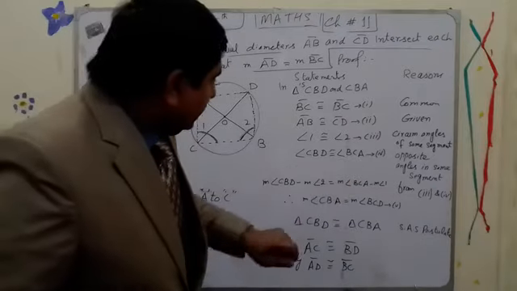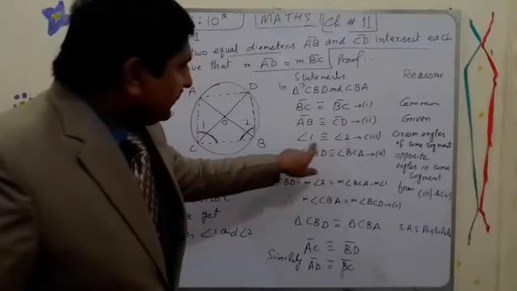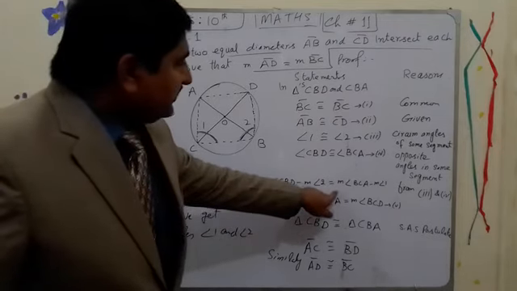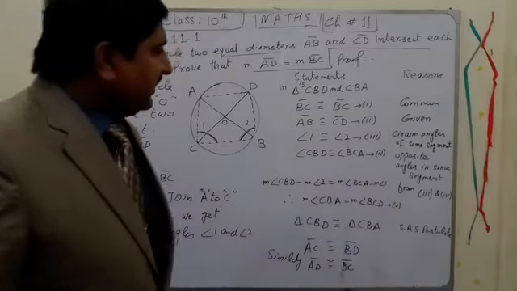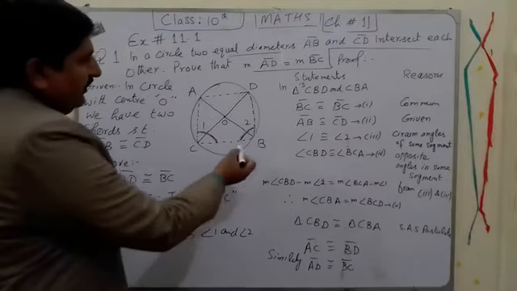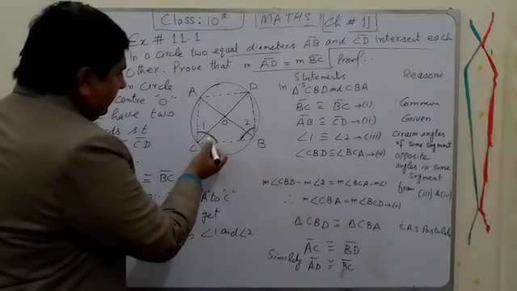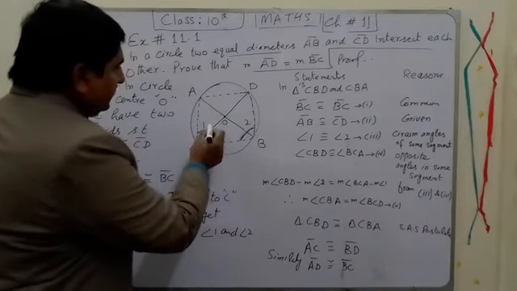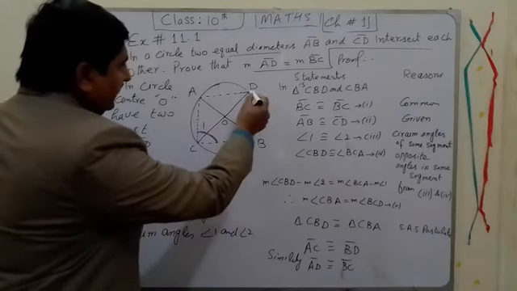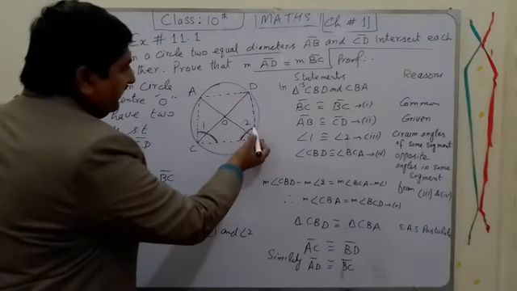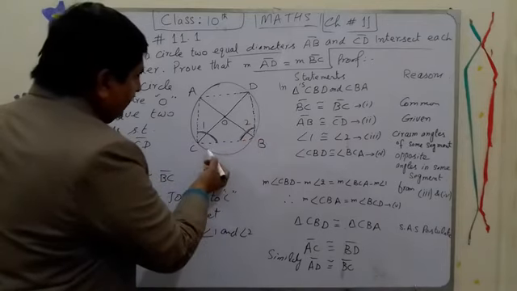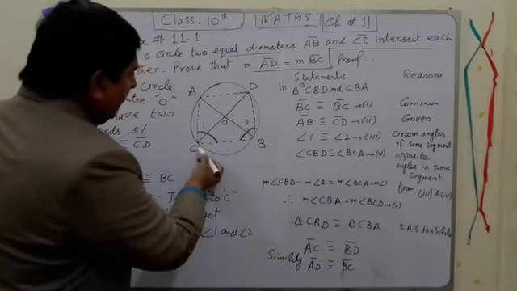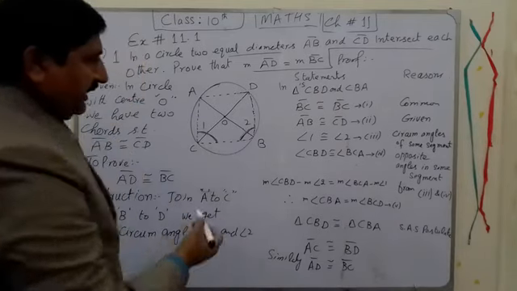Now, when we subtract equation third from the fourth, we get measure of angle CBD minus measure of angle 2, equal to measure of angle BCA minus measure of angle 1. What I am saying is that when I subtract angle 2 from measure of angle CBD, what is left?